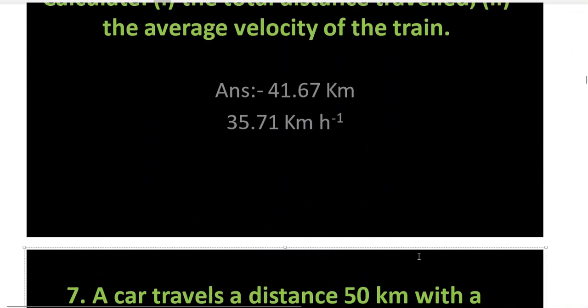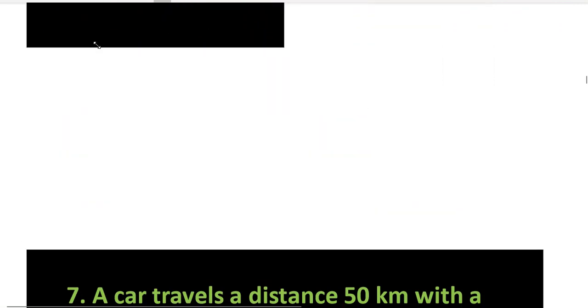Okay. A train first travels for 30 minutes with a velocity of 30 km per hour. Case 1. Time is 30 minutes. We have to find the total distance traveled and average velocity.